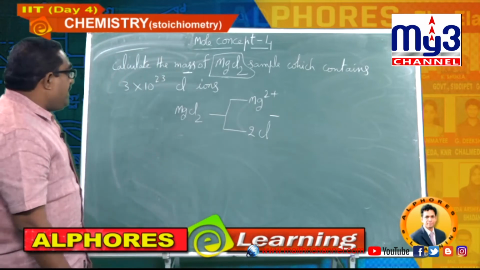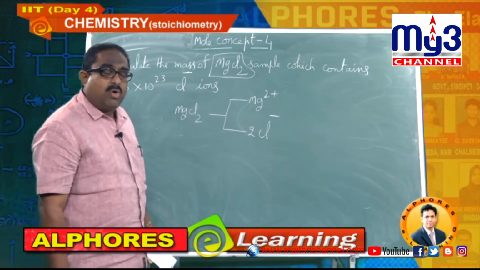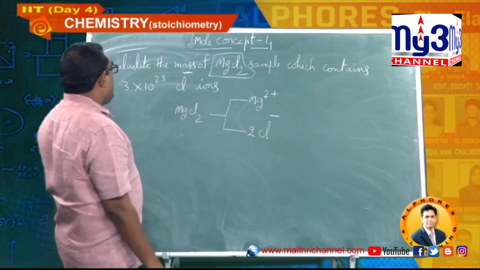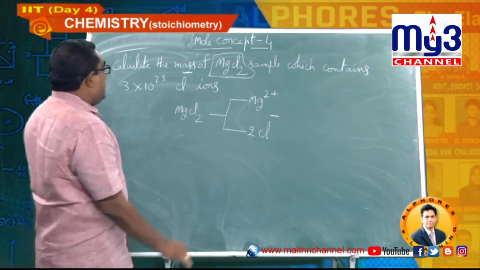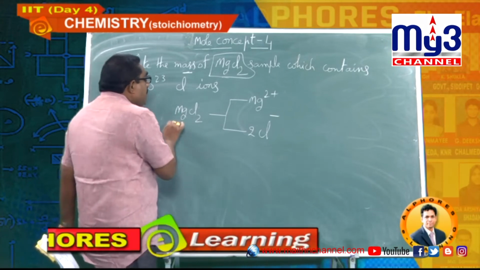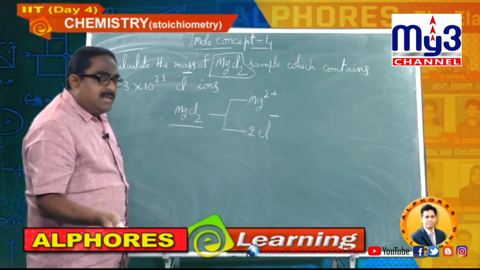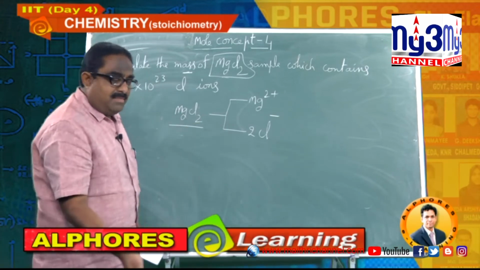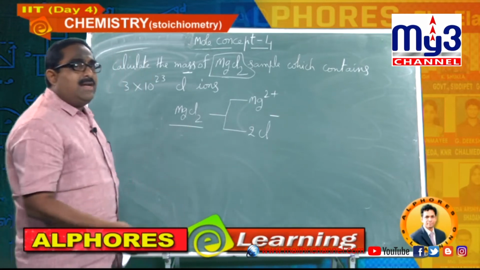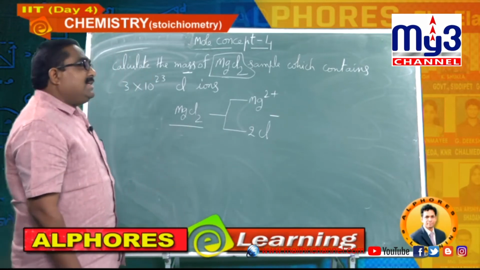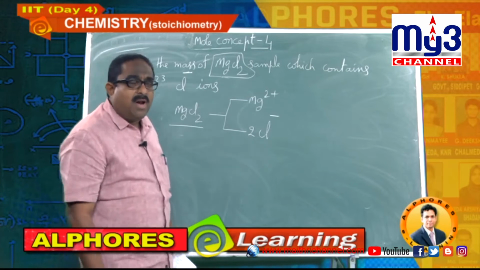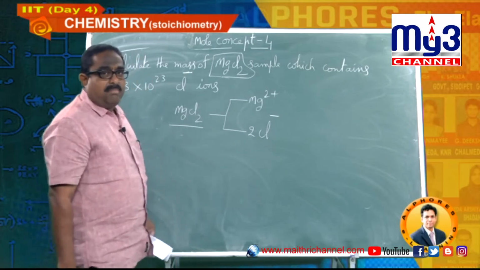This is the ionic structure of magnesium chloride compound. Okay. Now I am writing. What is the formula mass? See, nothing but molar mass, because this is an ionic compound. I have already told you in the previous sessions. It is better to call that formula mass in the case of ionic compounds.